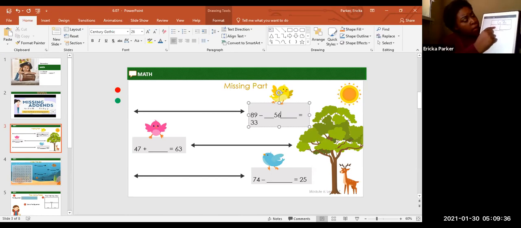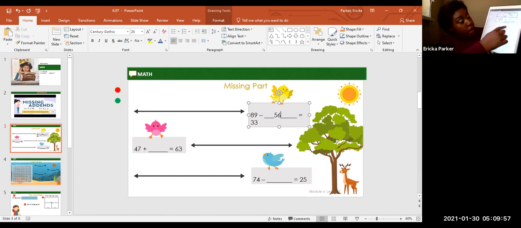They gave us one part, which was 47, and then we had a mystery part here. So we need to set our problem up: 63 minus 47. Whatever number we get, if we add those two numbers up, we should get 63.